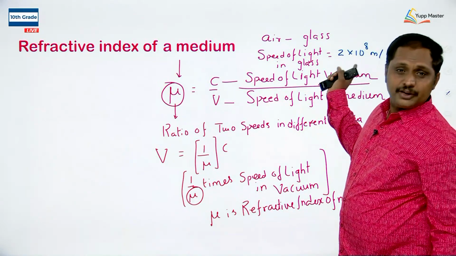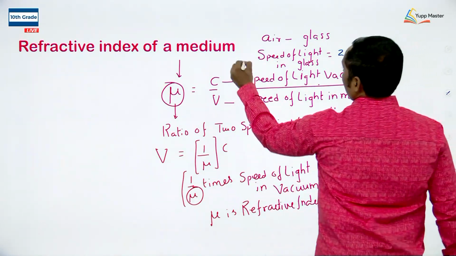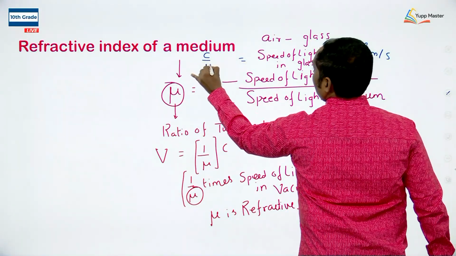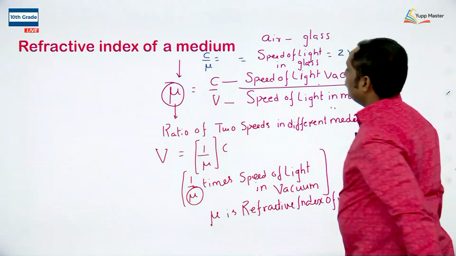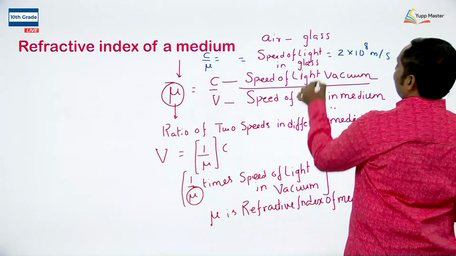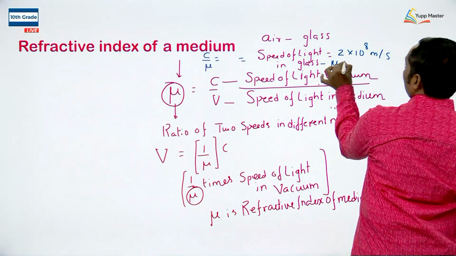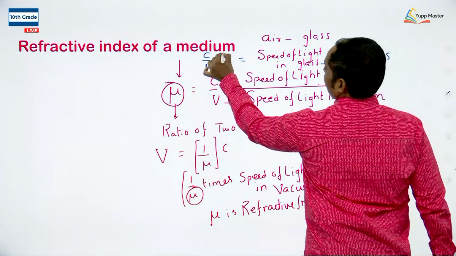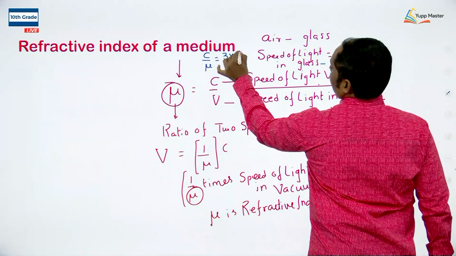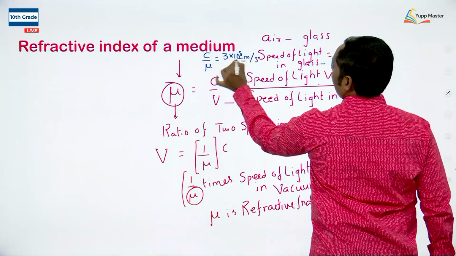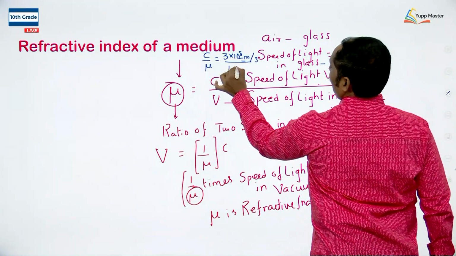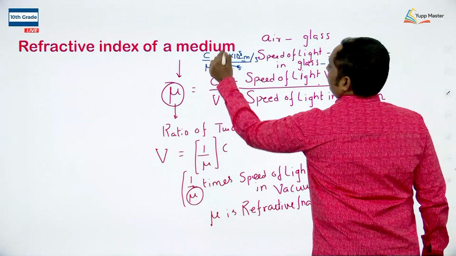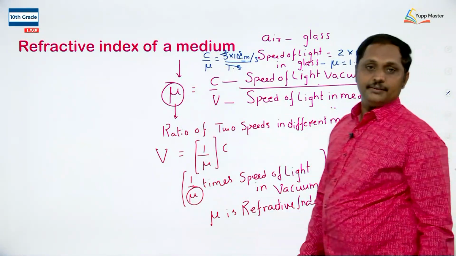How is it obtained? That is equal to c by mu. If you take glass, its mu value is going to be 1.5, that is 3 into 10 power 8 meter per second divided by 1.5. So, easily you will find out that it is 2 times 10 power 8, it is very clear.